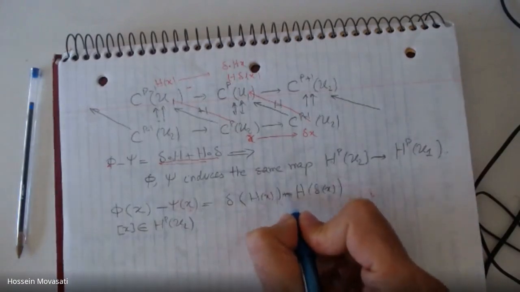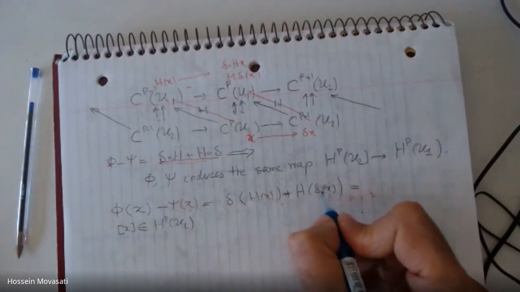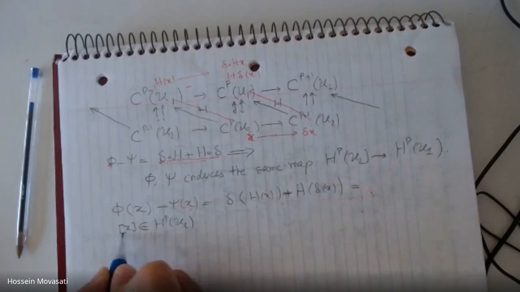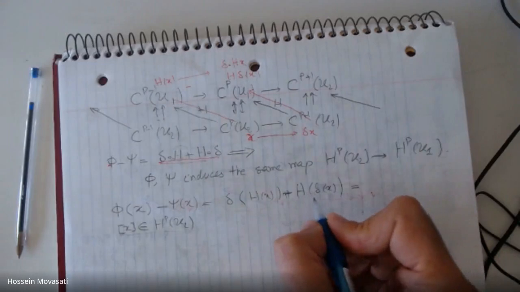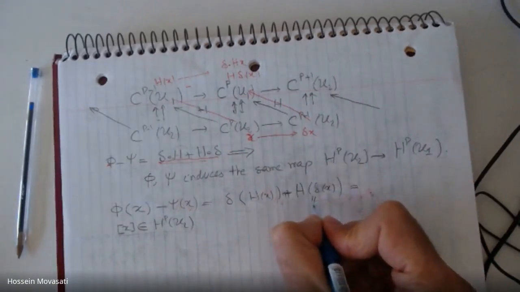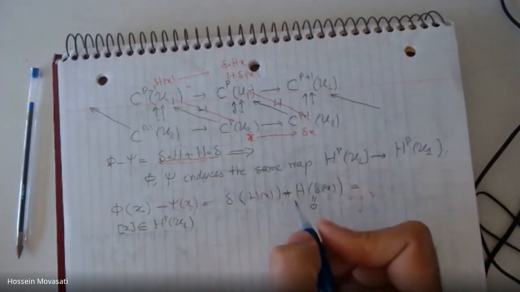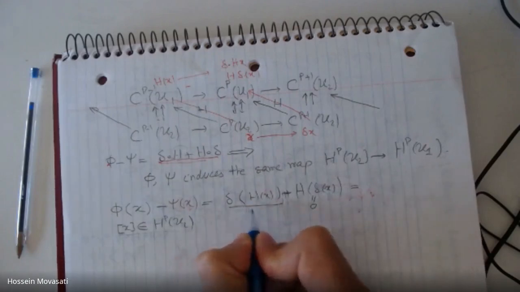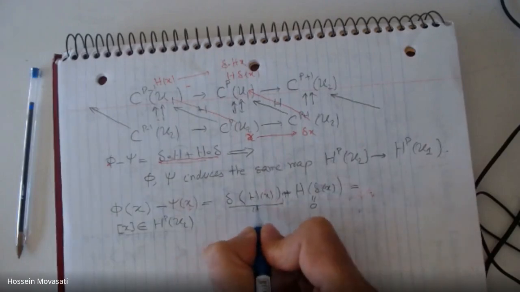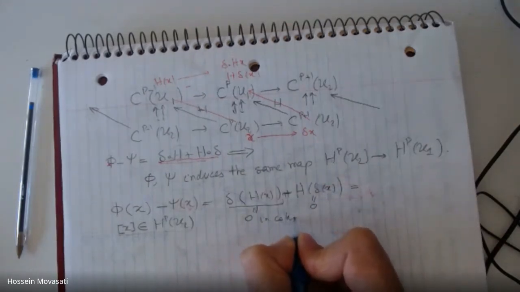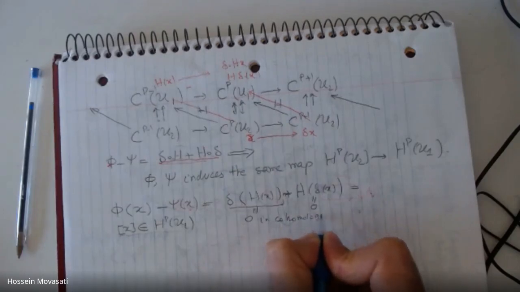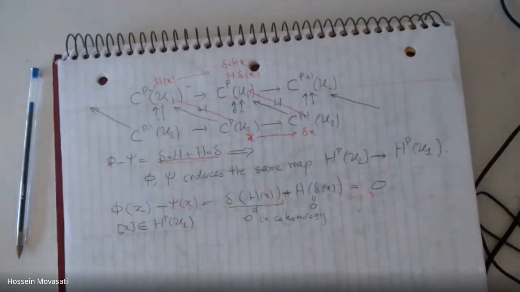But first of all, delta x is equal to 0, because by definition the bracket x is in the cohomology. The cohomology consists of just closed cochains, and this is also because of the quotient. This is really 0, but the other term is 0 in cohomology, and at the end we will get something in cohomology.